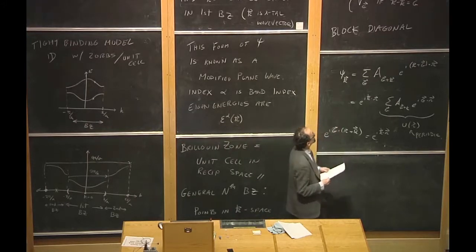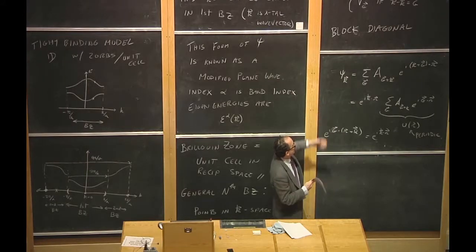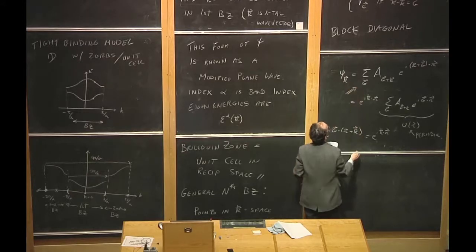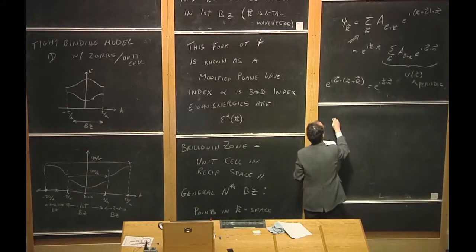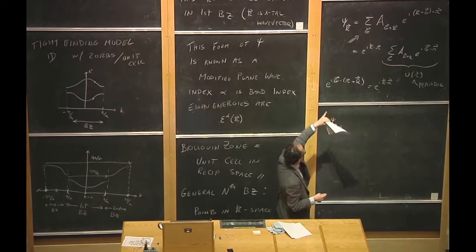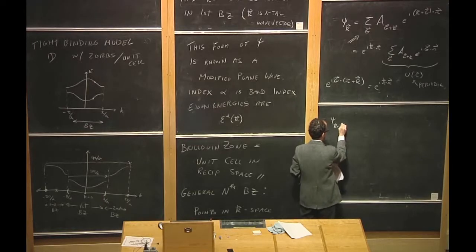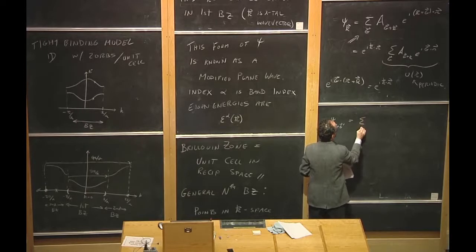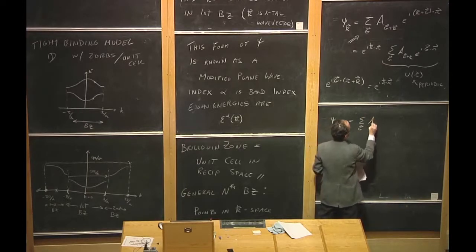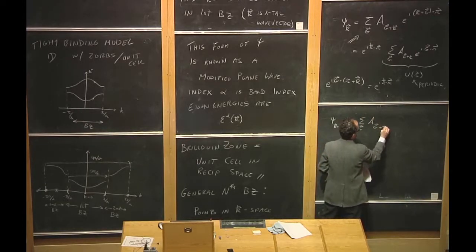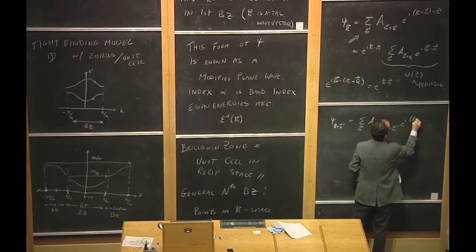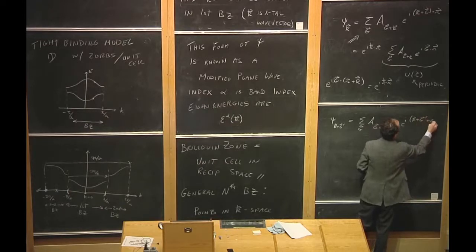Furthermore, we can also check what happens if you take k and shift it by a reciprocal lattice vector g. So let's take this form up here, and let's shift k to k plus g prime, since I've already used the letter g. We'll write it as sum over g, a of g plus k plus g prime, e to the i k plus g prime plus g dot r.